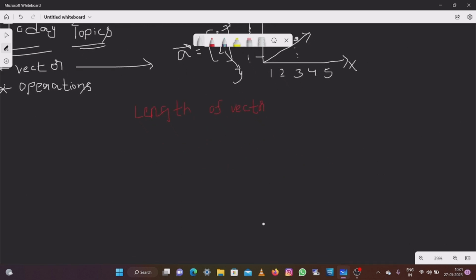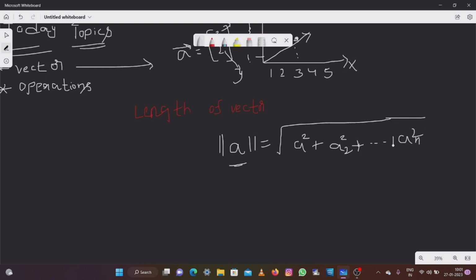We have one formula for finding the length of an n-dimensional vector. The simple formula is: mod of a equals the root of a1 squared plus a2 squared plus, and so on, up to an squared.